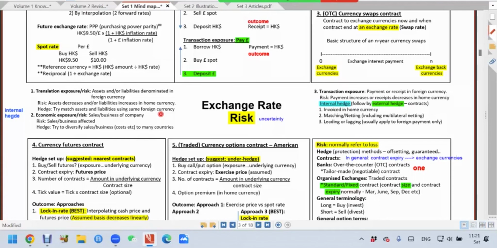So understand this one, it must be the same foreign currency. One method only, matching. We call this one internal methods. Internal means the company can make a decision whether they want to match or not. Translation, only internal methods. The company can make a decision to match or not to match, to hedge the translation exposure.